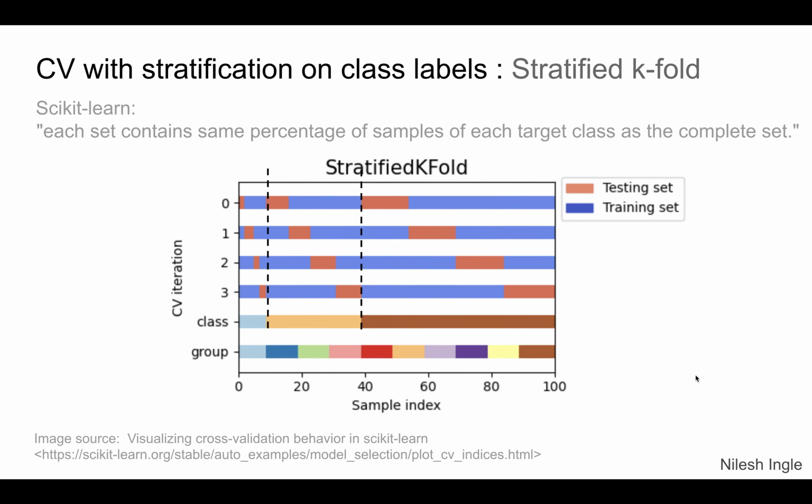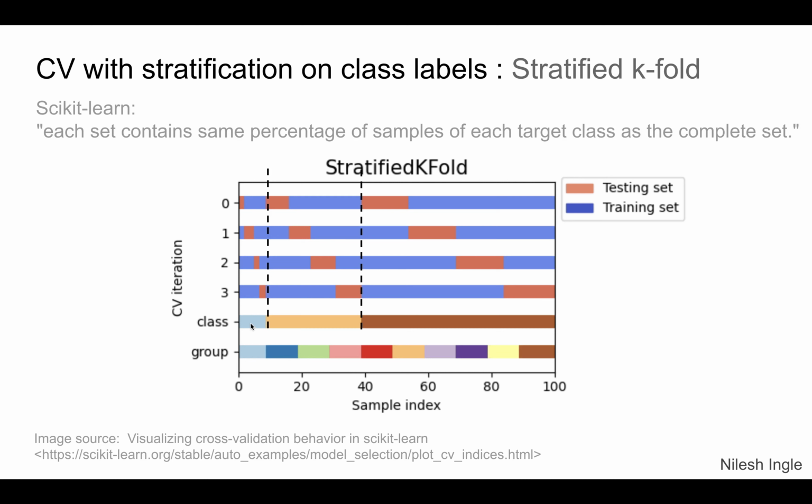Now looking at stratified K-fold, this is a variation of the K-fold methods that we saw earlier. The stratified K-fold approach maintains the proportion of each class within the train set and the test set. So it keeps the proportion the same in both. Here we can see that these dark orange boxes are the train sets.